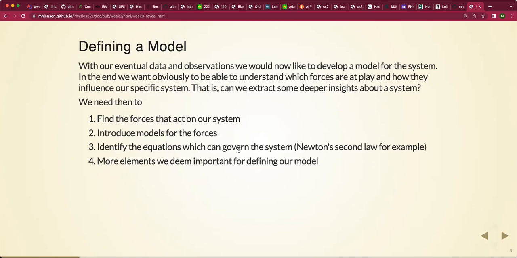But we have to find the forces that act on the system, and then we have to make models for the forces. Now, we do have some fundamental forces which we can play with in classical mechanics. It could be the Coulomb force between two charges. It could be the gravitational force. But you will probably be surprised to know that a force like friction is something for which we don't have a fundamental force.